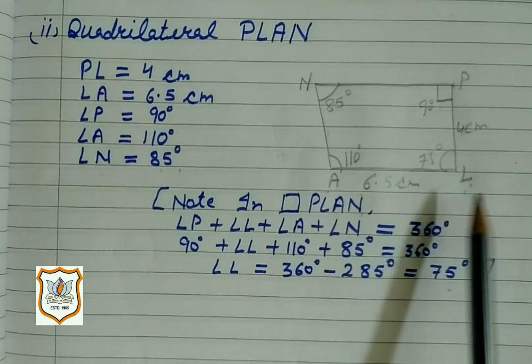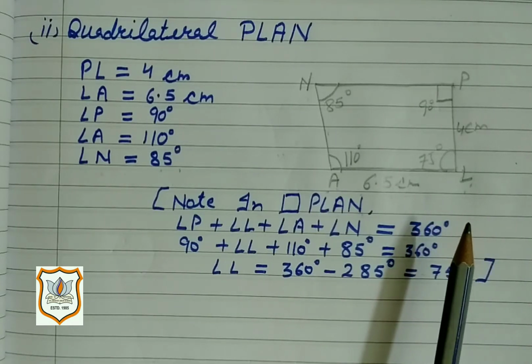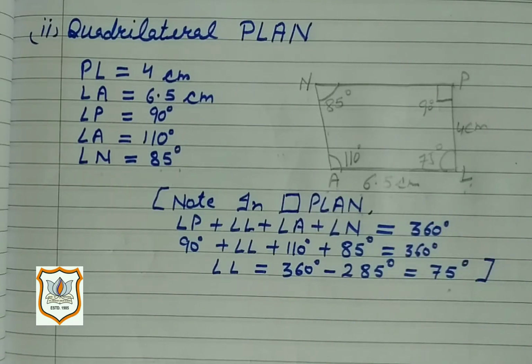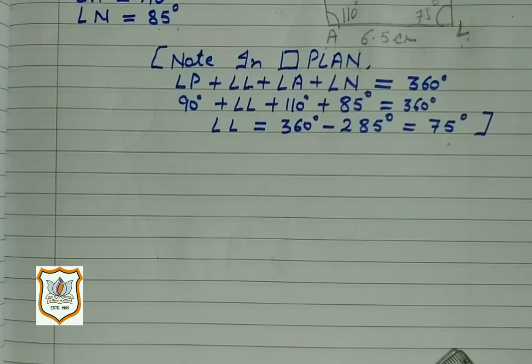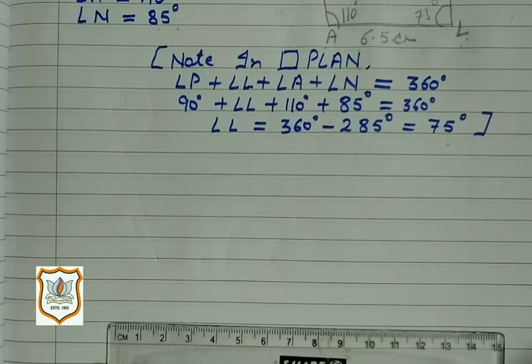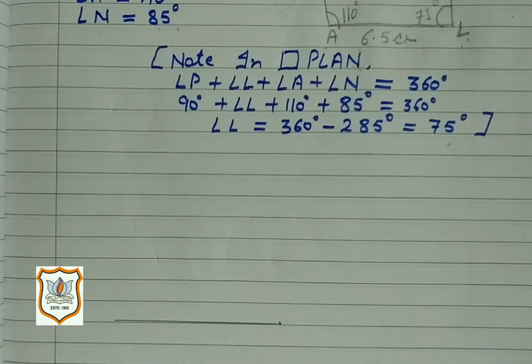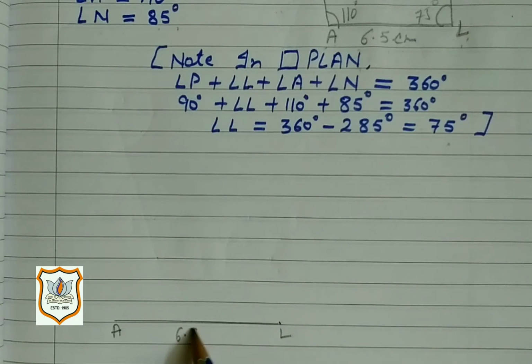Students, you can see here, this is a rough sketch that would help us in deciding our steps of construction. First, we will draw a line segment, this is AL. We will write here 6.5 centimeters.